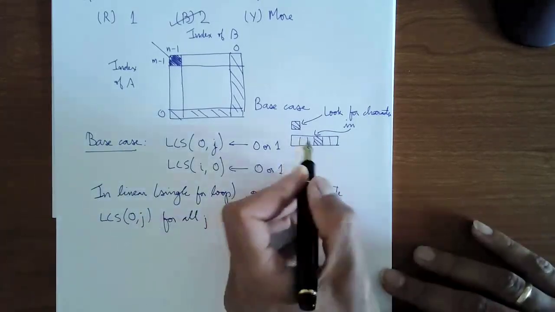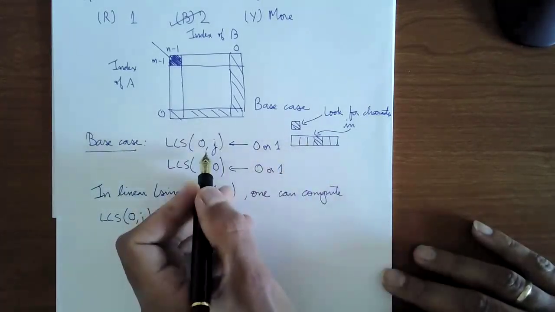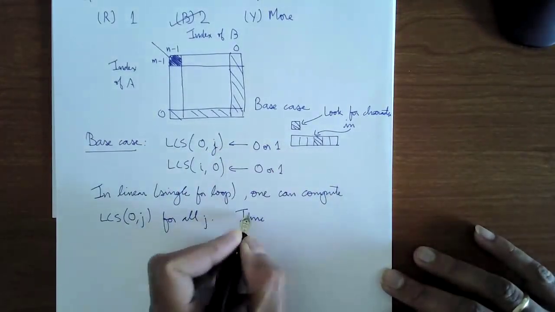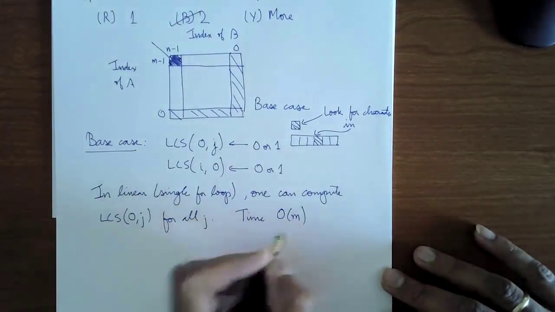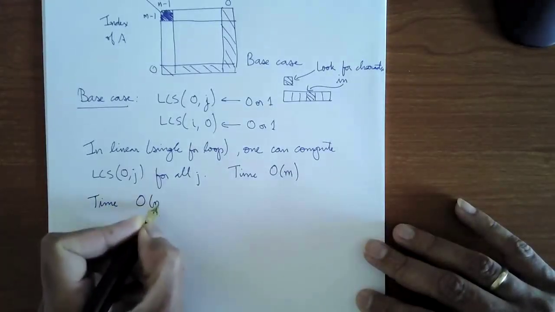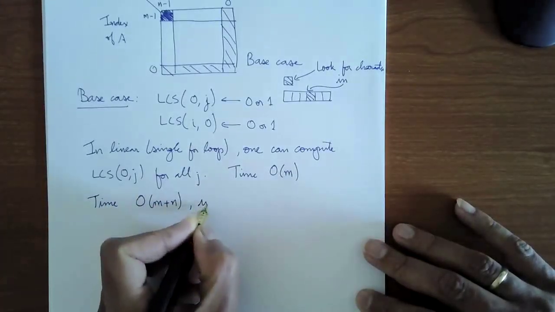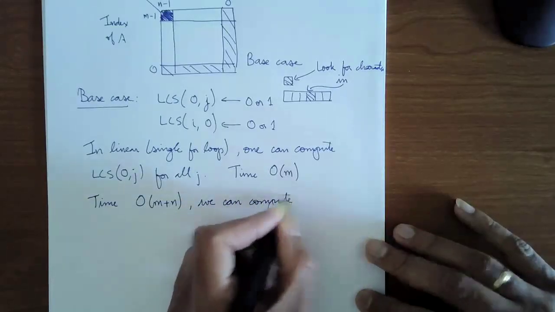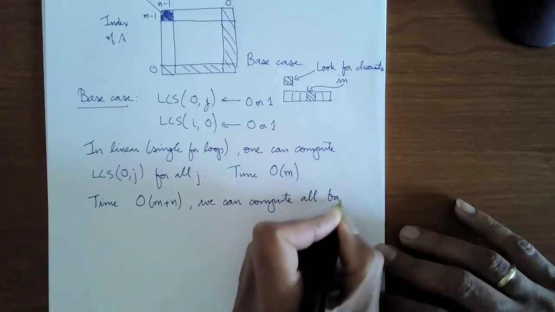I'm saying it's even better. If you just do one loop, you can get all of these. And so this will basically take time O of m. So overall, in time O of m plus 1, we can compute all base case values.